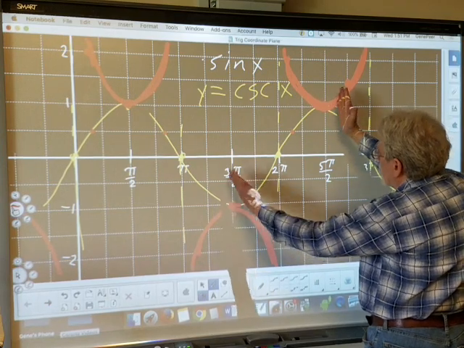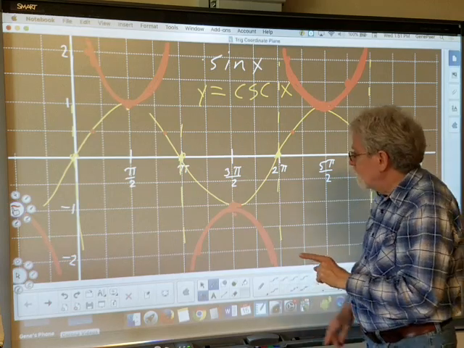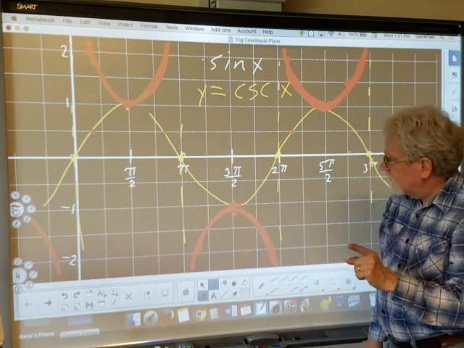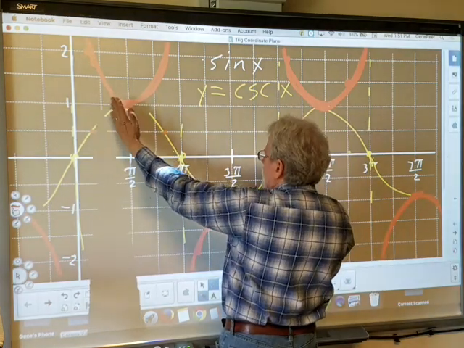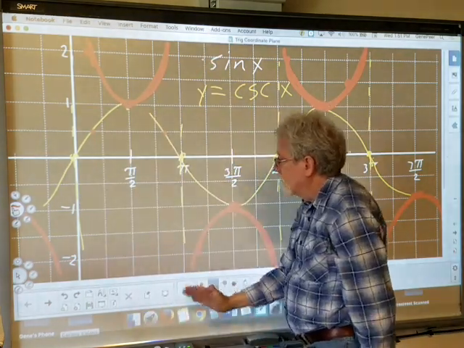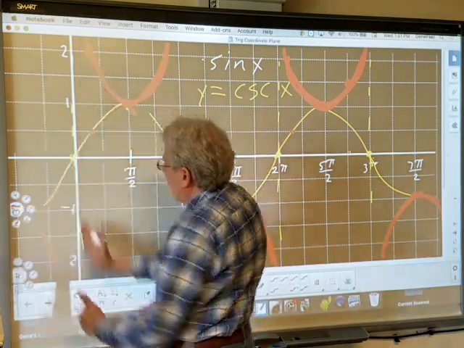So halfway between these two, there's an asymptote. When you draw your graphs, don't you let those things cross the asymptotes. Halfway between this minimum and maximum, you'll have another asymptote. Halfway between this maximum and this minimum, you'll have another asymptote.